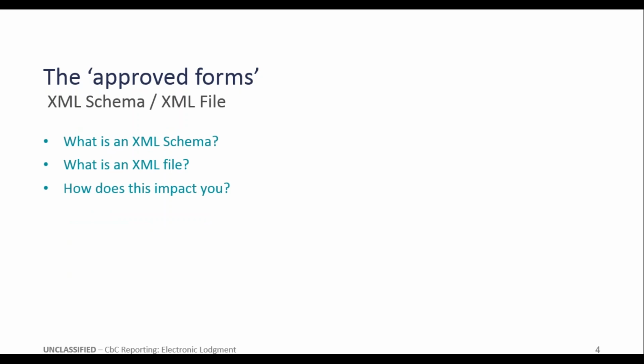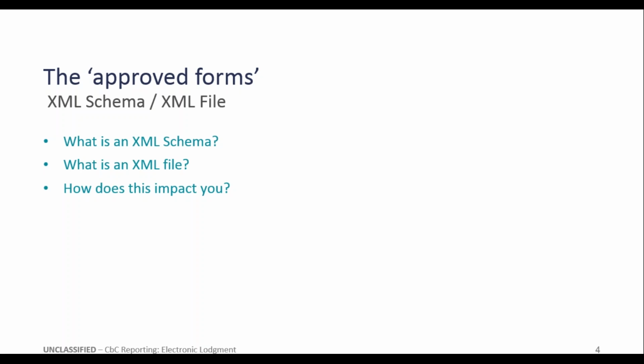So moving on to the next slide, let's circle back and understand what exactly the XML schema is. An XML schema defines the form itself. It's essentially a list of questions or elements that a resulting XML file will need to have.